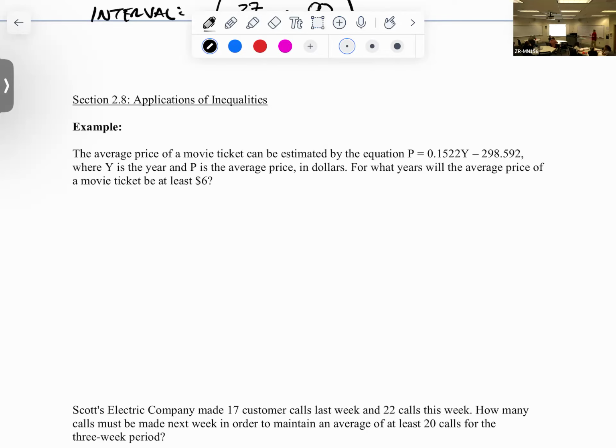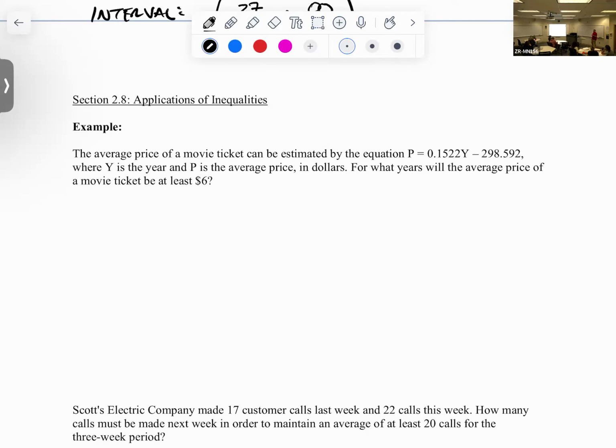So I have some equation, all right? Is there an indication in here that this is an inequality, not just an equal sign? Yes: at least, or greater than. If I wanted just a straight equality, it would say equal to $6.